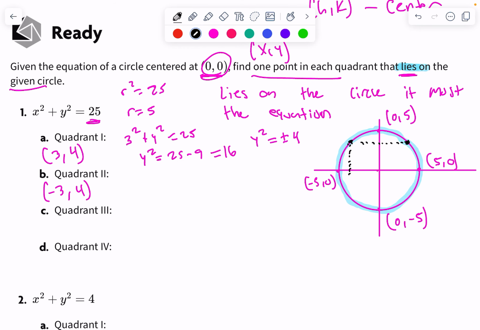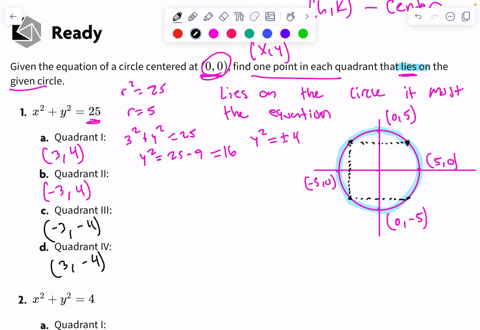I can go down here. And let's call this a point here. What point is that? Negative 3, comma what? Negative 4. Okay? And then last but not least, this point right here can be what? 3, comma negative 4. Okay?